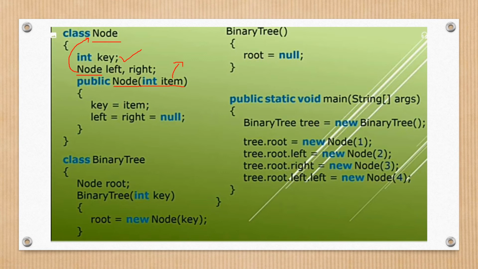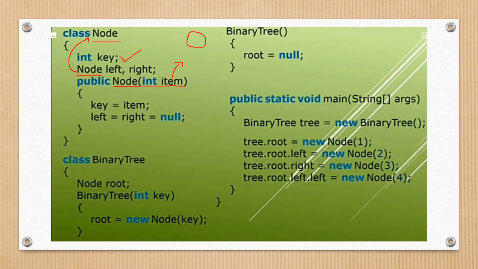Key equal to item, left equal to right equal to null, because for newly creating a tree, all the fields are empty. So first when we insert only one node, then it contains only one node and its left and right addresses are null.